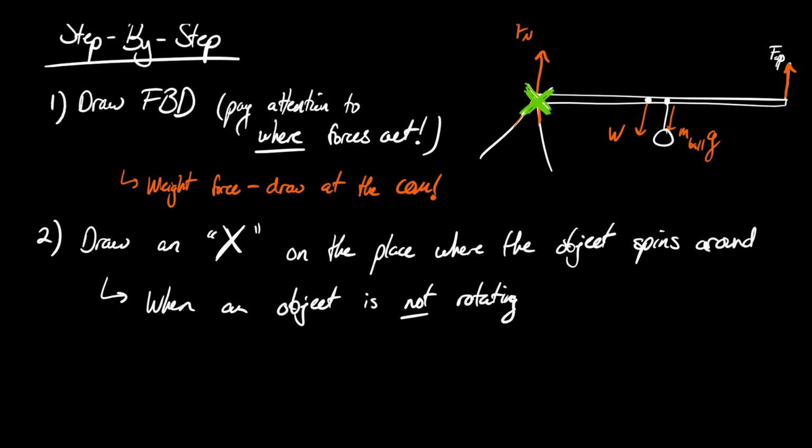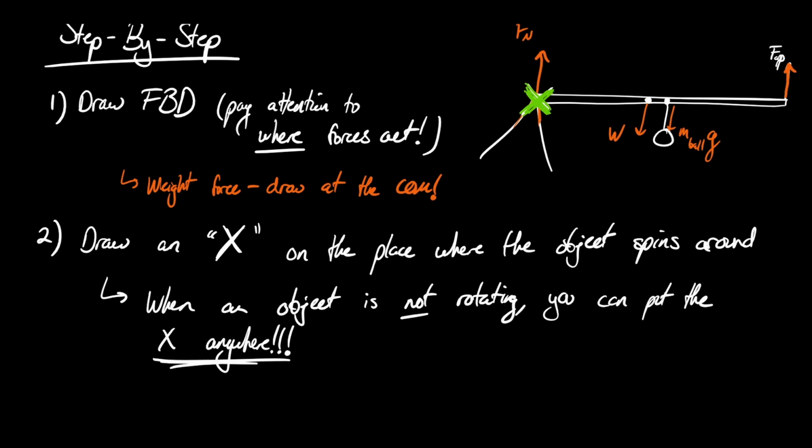When that's the case, when the object is not starting to spin, it turns out you can put the X anywhere. And you can actually use this to your advantage to make these problems really, really easy. And I'll show you how you can tactically decide where to put it.